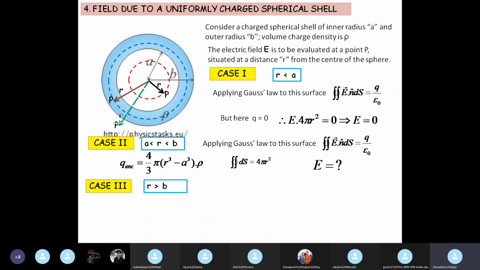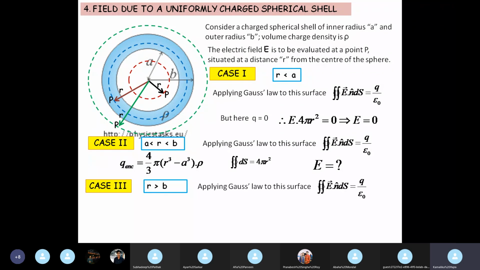So this is my Gaussian surface. And as you can see, now we can consider the entire shell to be contributing to the flux. So the charge enclosed will be the total charge of the shell that has been given.